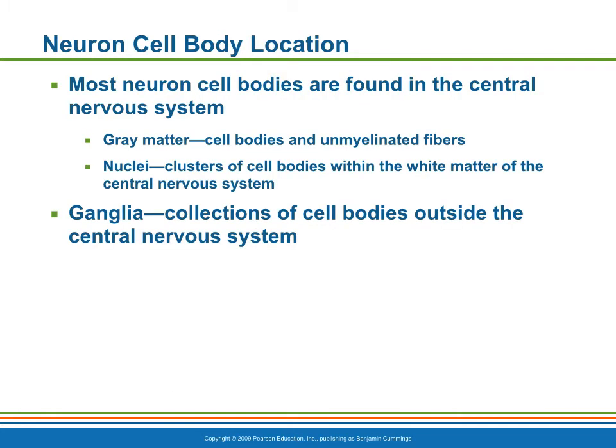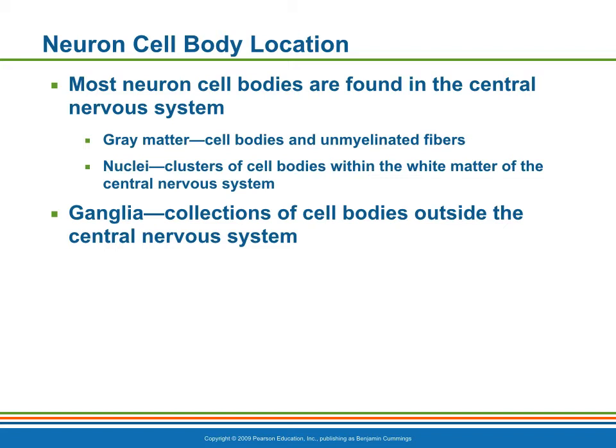Clusters of neuron cell bodies and collections of nerve fibers are named differently when they are in the central nervous system than when they are part of the peripheral nervous system. For the most part, cell bodies are found in the central nervous system in clusters called nuclei. This is where most of the metabolic functions of a neuron take place.